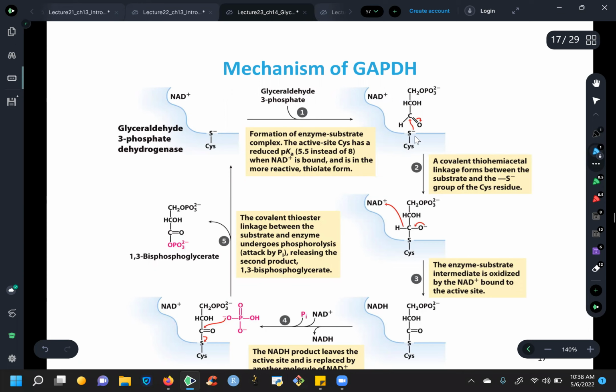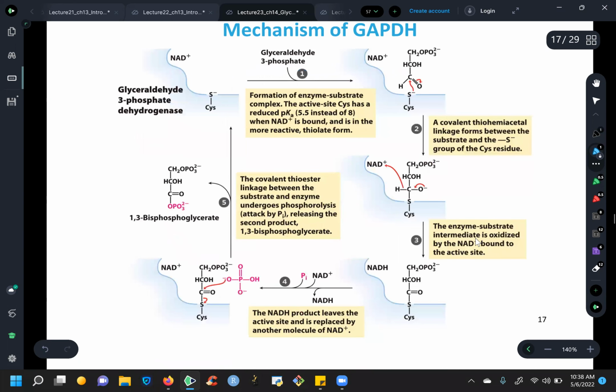Okay, that's why. So now when G3P, glyceraldehyde 3-phosphate, comes in, the sulfur attacks, and a covalent thiohemiacetal linkage forms between the substrate and the sulfur group of the cysteine residue. So they form a bond. And then step number 3, the enzyme substrate intermediate is oxidized by the NAD plus bound to the active site.